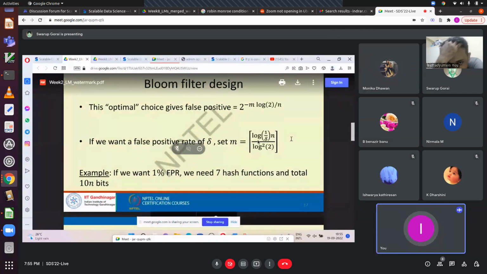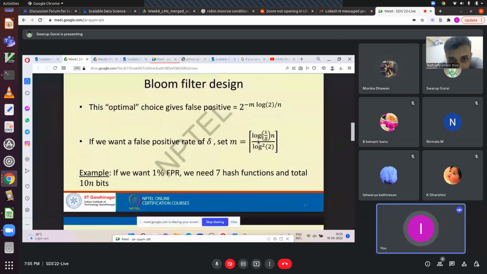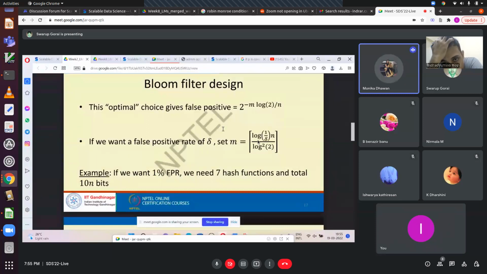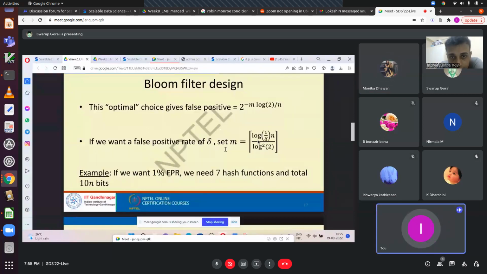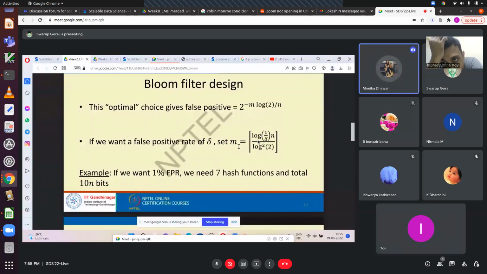So let's compute that equation. If you know delta on the right hand side, you can compute m. Yes. So first you use this equation. We will use m equals the ceiling of log of 1 by delta times n, upon log square 2, right?